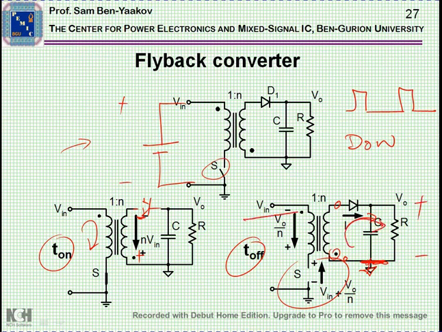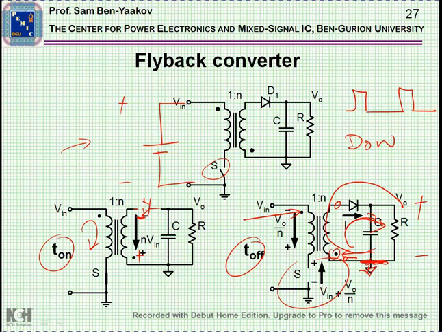Current going in here will go in here, and therefore it's a positive voltage. So in fact, since the secondary is floating in terms of ground with respect to the primary, you can call ground any point you want in the circuit, so you can get a positive voltage or a negative voltage, which is of course very, very convenient.